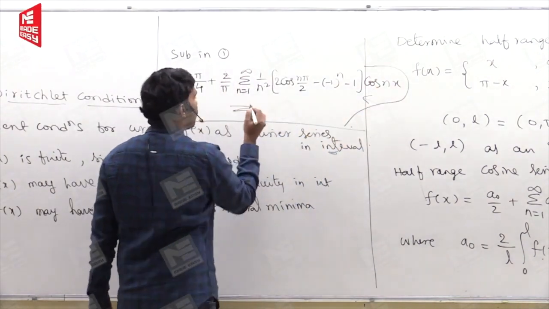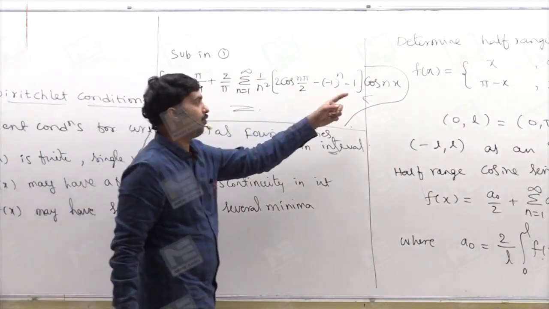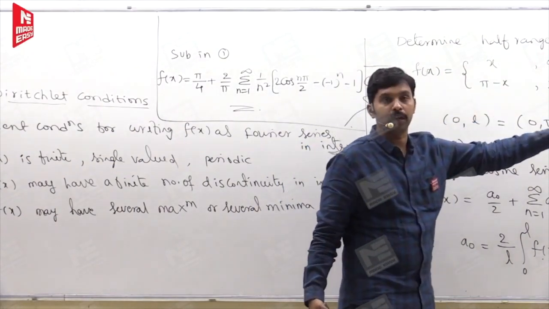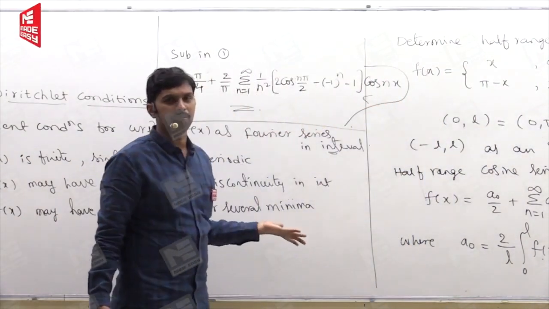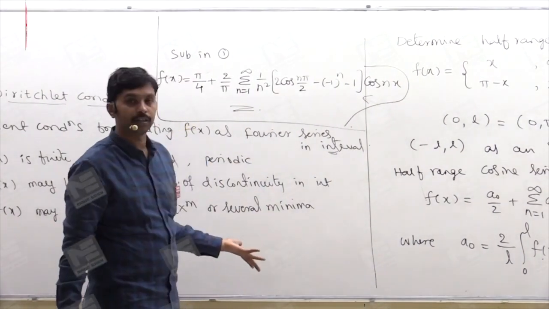So this is the half-range Fourier cosine series for the given function f of x, that is x in the interval 0 to pi by 2, and pi minus x in the interval pi by 2 to pi. So it is very simple here. It's the same routine question, not a big different question. As simple as that you will get it.